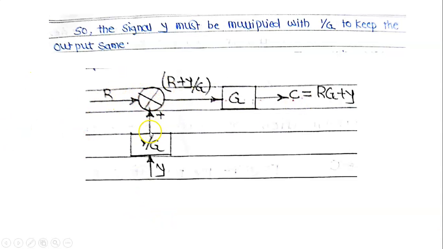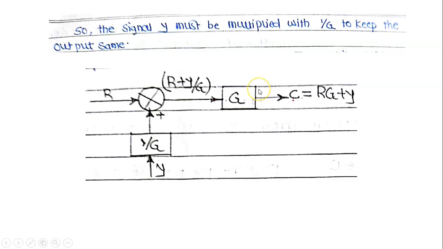Again at the summing point, what we have said is that a block of value 1 upon G must be added in the signal Y. Therefore this is the signal Y. In between the summing point and signal Y we have to add a block whose value is 1 upon G. Therefore now R plus Y upon G. Again this signal is fed to this block G. Therefore R plus Y upon G into G, therefore RG plus Y. Therefore C is equal to RG plus Y. That means the output remains the same.